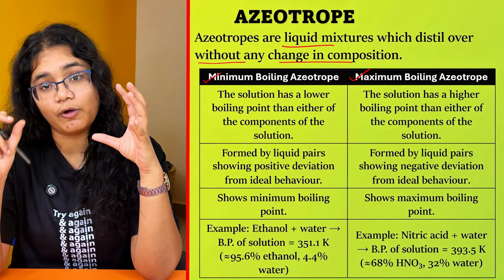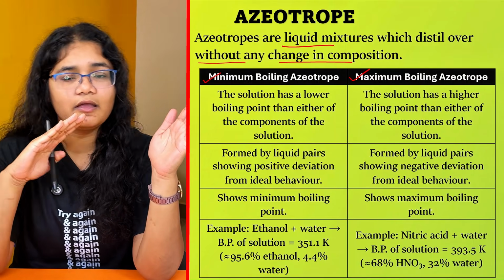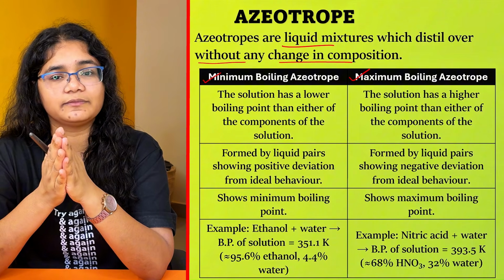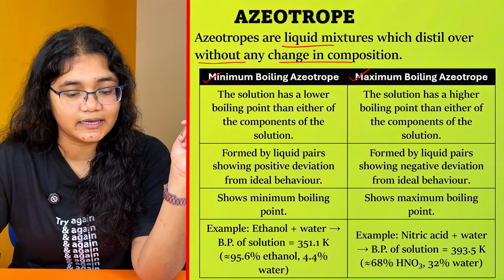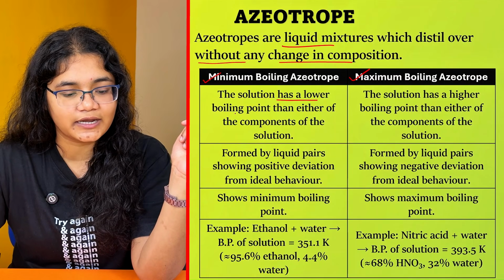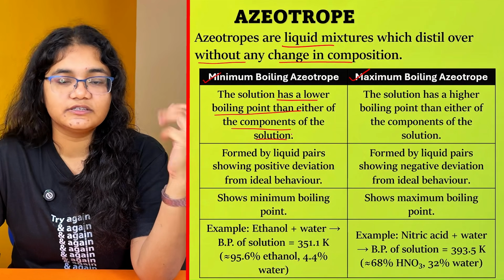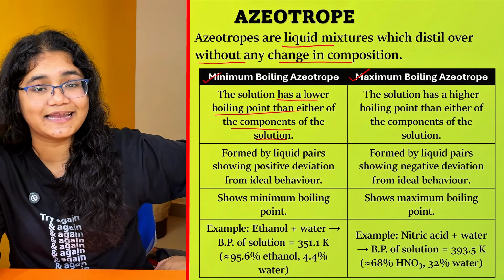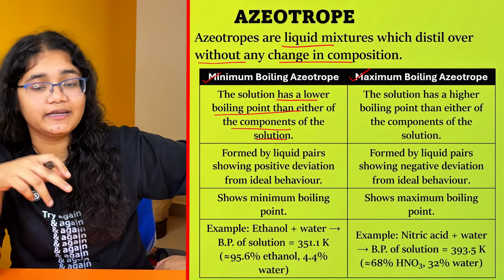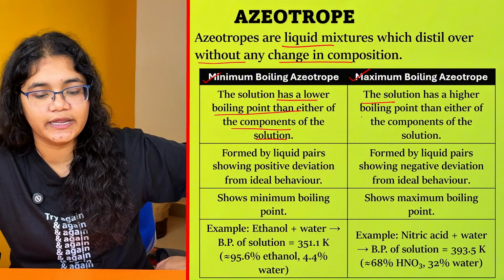Now this new boiling point, if it is less than the individual values, for example A is 100, B is 90, and we have mixed A plus B, it is having 60, less than both the individual values, then it is called a minimum boiling azeotrope. The solution has a boiling point lower than either of the components of the solution. If you are mixing A and B, one is 100 and another is 90, and the final value when you mixed it is 120, more than both the values, then it is called a maximum boiling azeotrope.